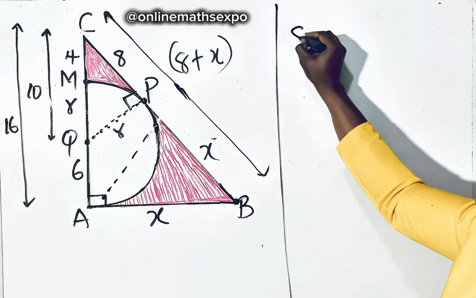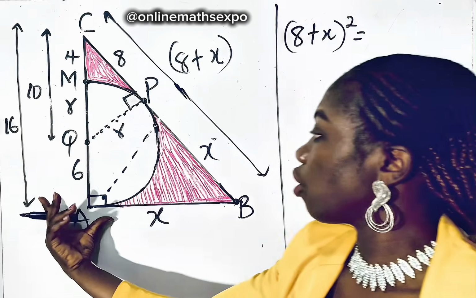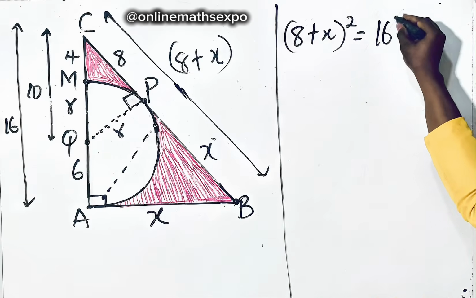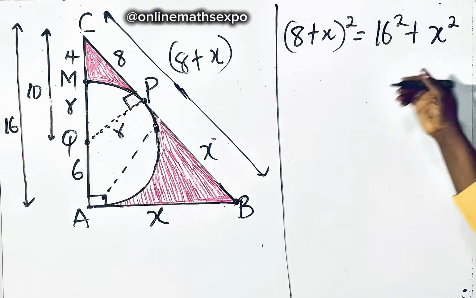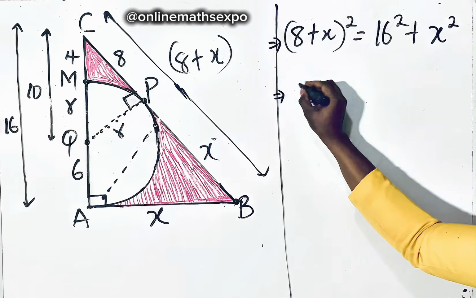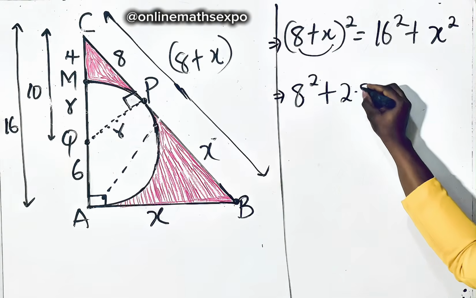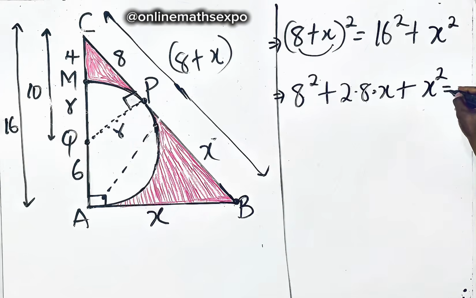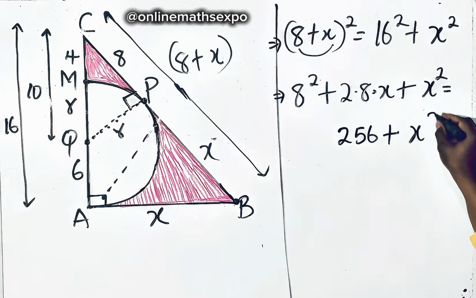Square the longest side, so we have 8 plus x squared should be equal to the square of the two legs summed. So we square this, which is 16, then plus this base, which is x, you square it. Expand this, you are going to have, square this, you have 8 squared plus, use 2 to multiply this, plus x squared should be equal to 256 plus x squared.